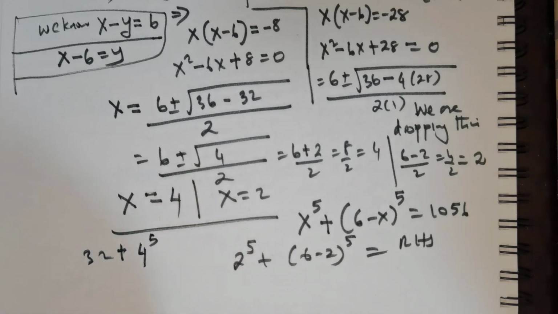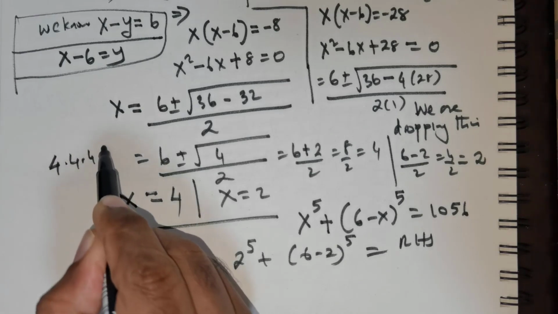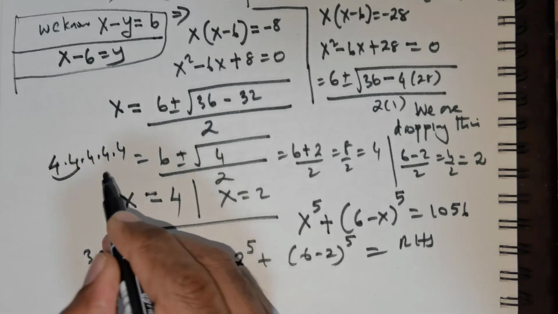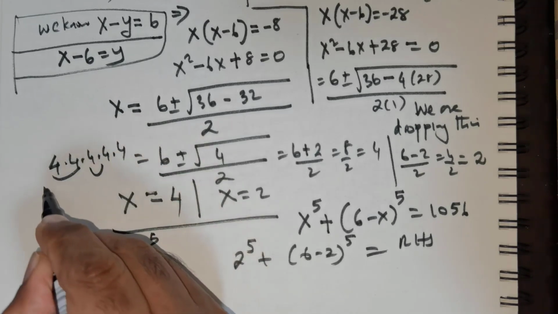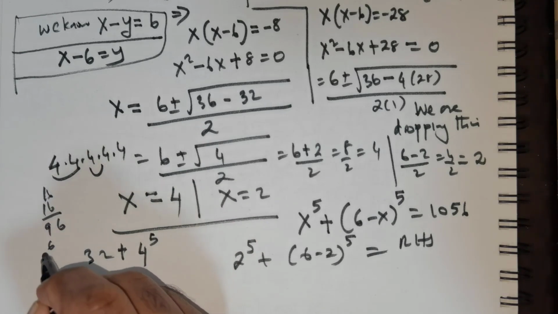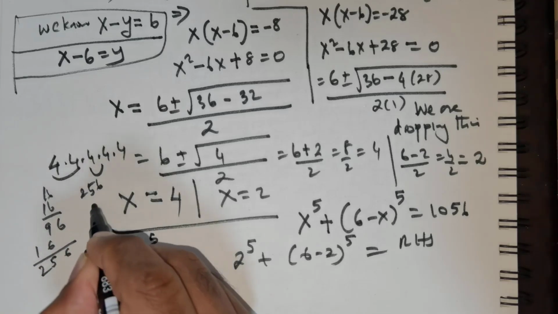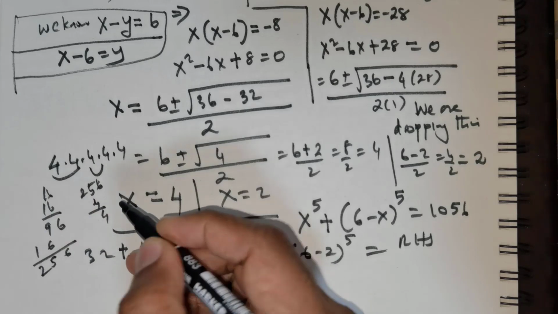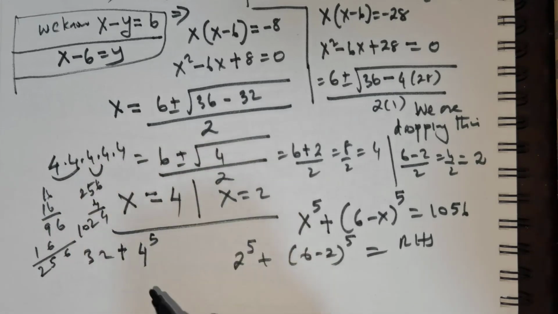So let me check what 4 raised to the power of 5 is. 4 times 4 times 4 times 4 times 4: 4 times 4 is 16, and you've got a 16 here, and then you've got a 4. So 16 into 16 is 256, multiplied by 4 gives you 1024.